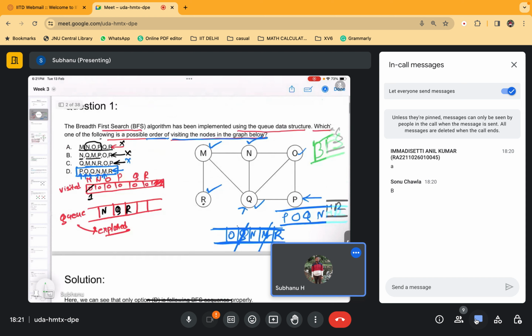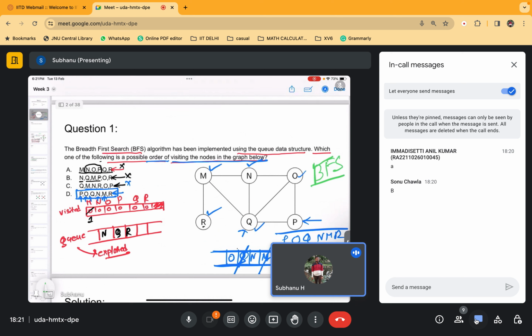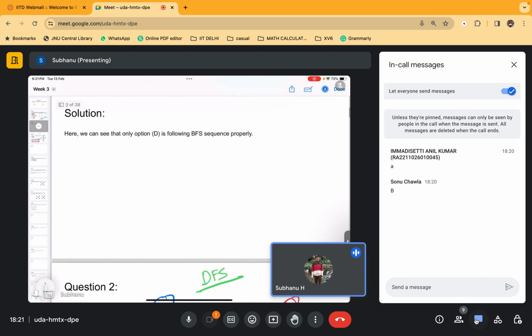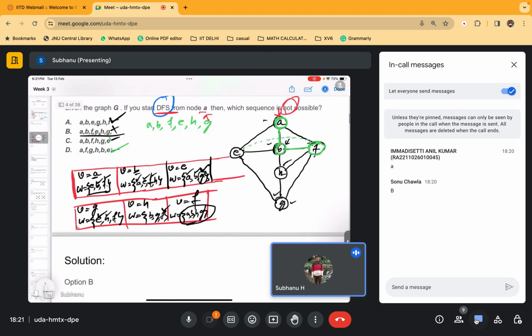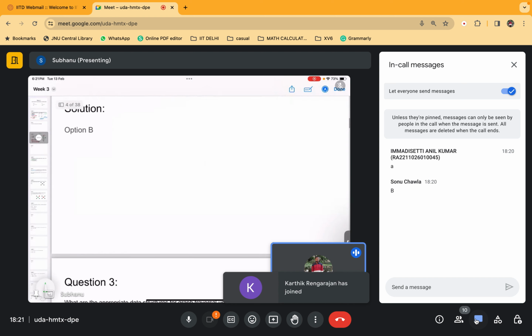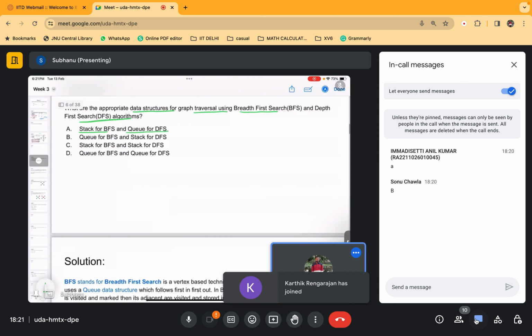I clearly mentioned here that for BFS you use the queue data structure for storing the unvisited nodes. So for BFS you are using the queue data structure, but for DFS you are using the stack data structure. Fine.